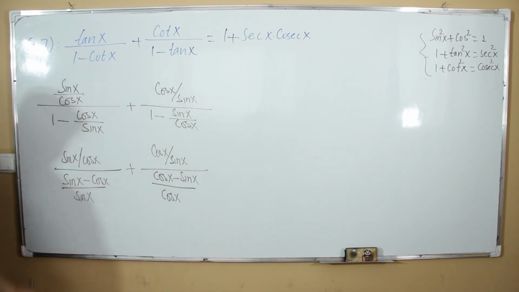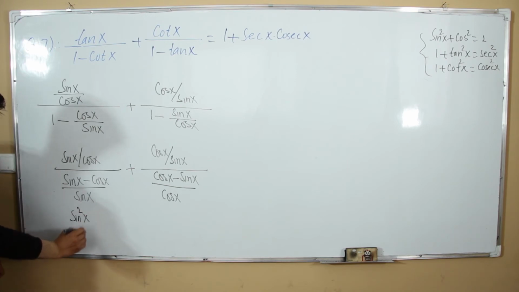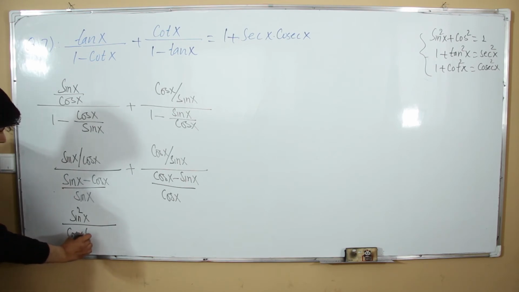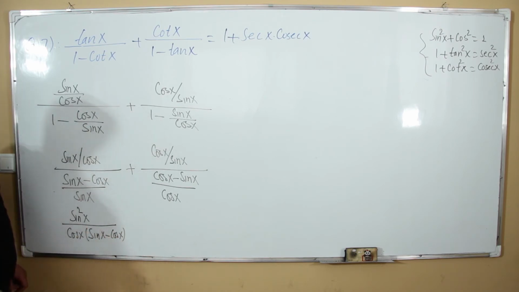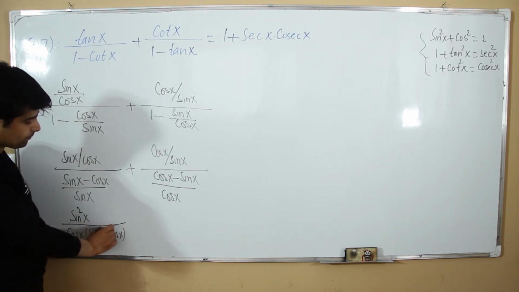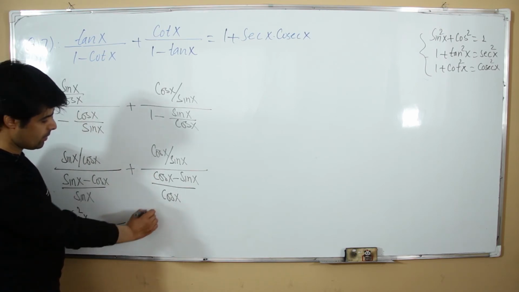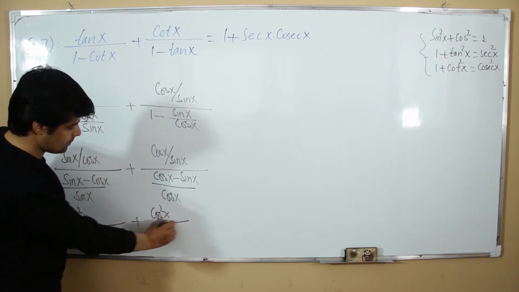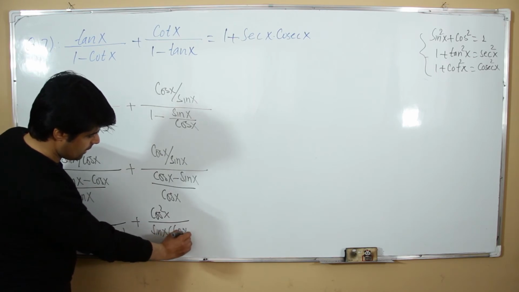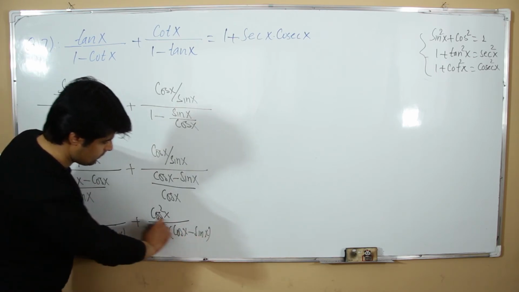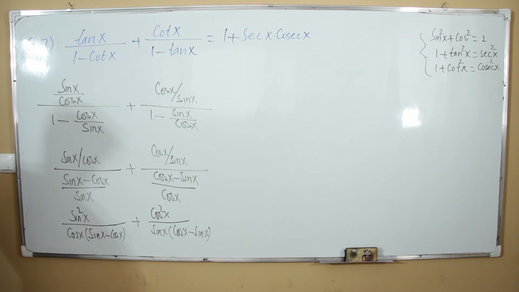This sine with this sine is sine square of x. This cosine multiplied with the denominator, so you will have cosine x times sine x minus cosine x. Am I right? Yes. Now plus here you will have cosine square of x and sine x times cosine x minus sine x. Am I right? Yes, yes.